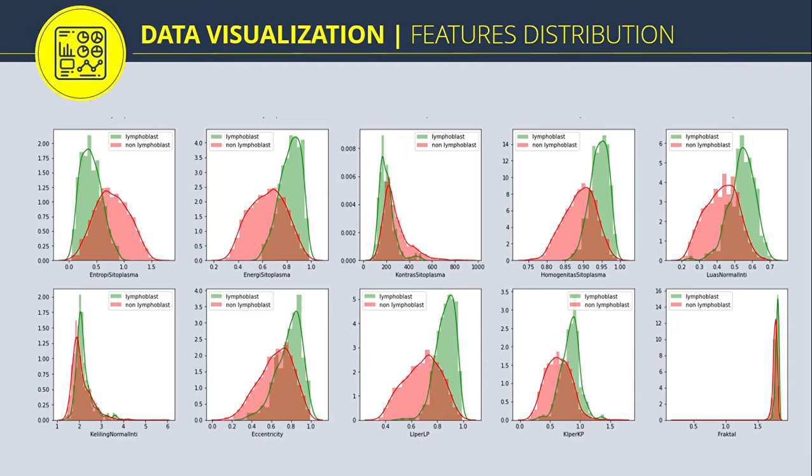So this is the distribution of the features that we can see. Energy cytoplasm has positive correlation and a different distribution in each label, like entropy cytoplasm.